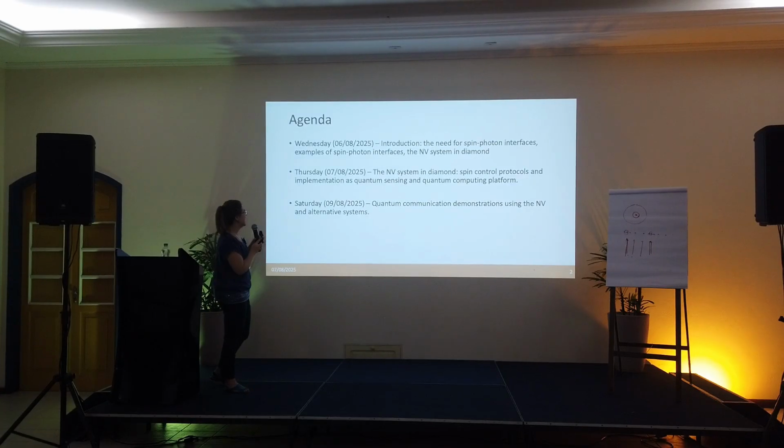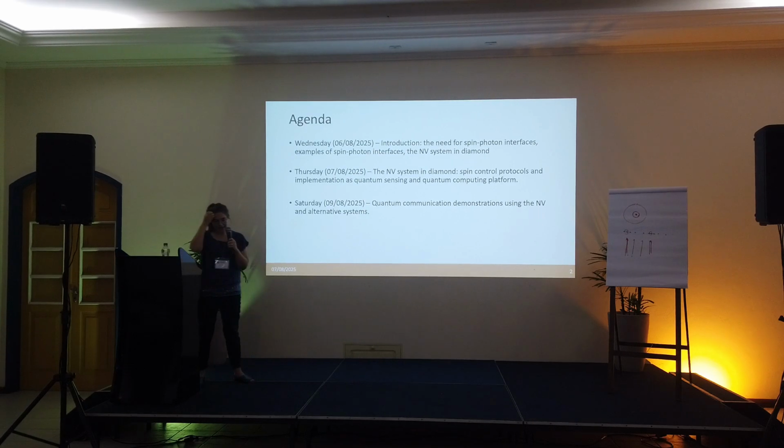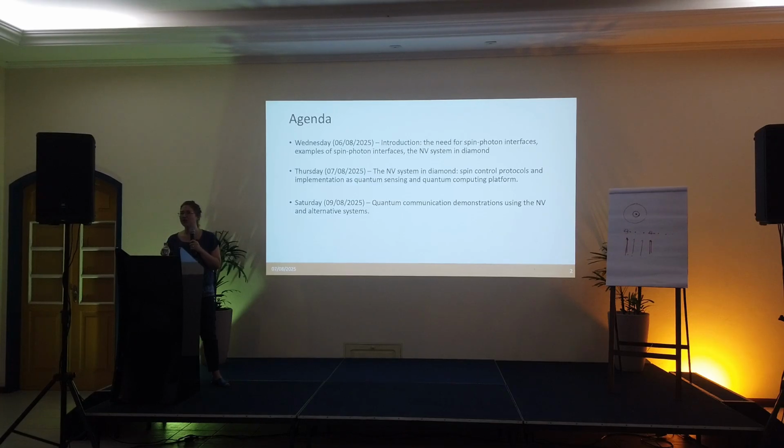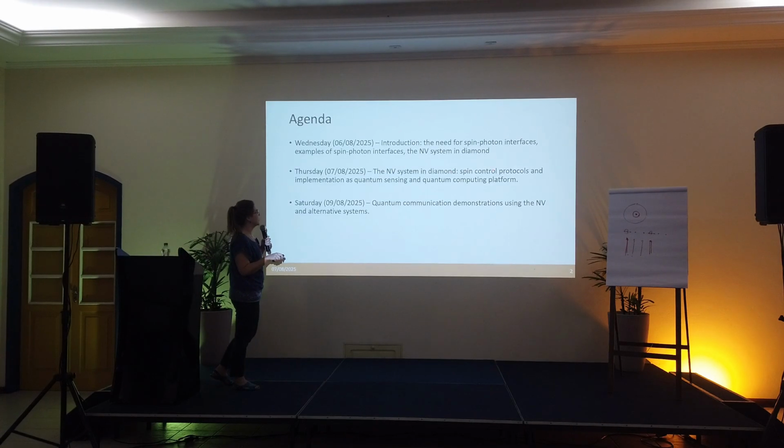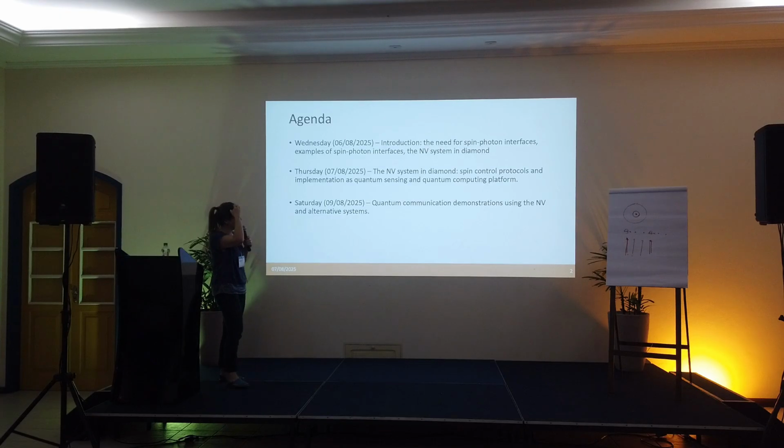So like I said yesterday, we've gone over the electronic structure of the NV center in diamond. So you've refreshed your solid state physics and atomic physics a little bit. Today we'll go more towards how we do quantum control on these things. So I think it will be a little bit more familiar for you. That's what I want to introduce to you: how do we do spin control protocols in the lab?